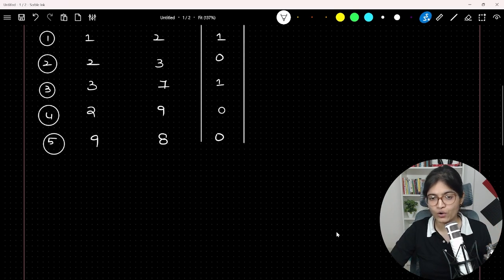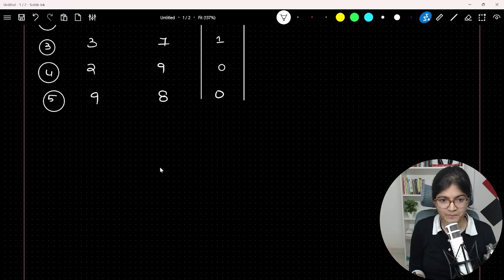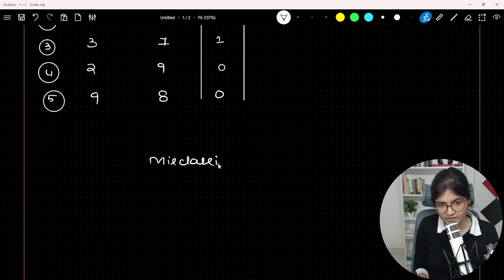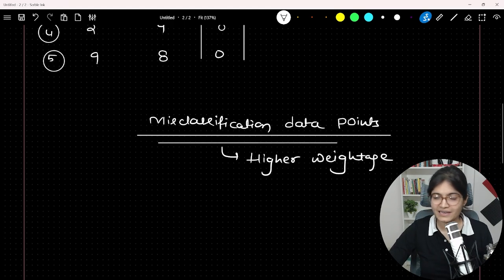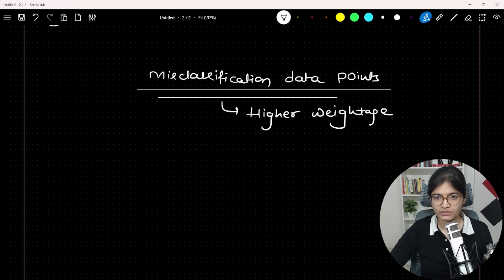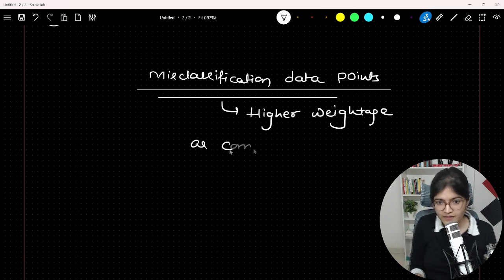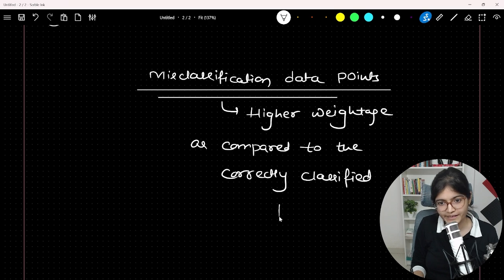In this algorithm specifically, whenever our model misclassifies data points, it internally assigns a higher weightage to those misclassified points compared to the correctly classified ones.